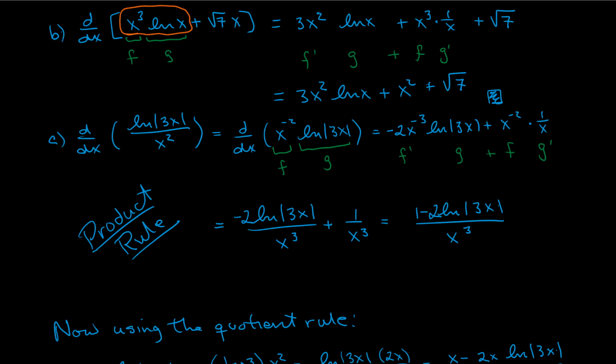And the good news here is we now have the derivative of what is circled in orange. The next thing we're going to do is compute the derivative of the second term. Well, the derivative of square root of 7 times x is just going to be square root of 7. It's just the coefficient times x to the 0 power, but x to the 0 power is just 1.